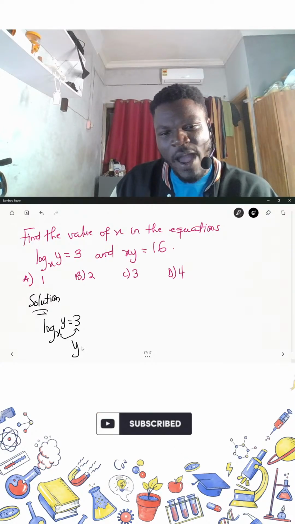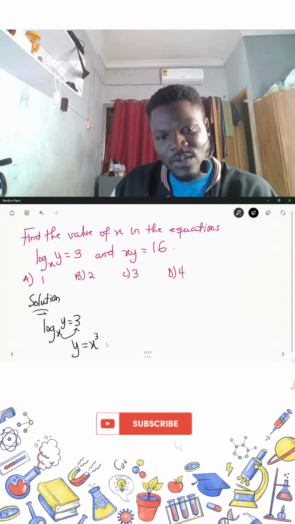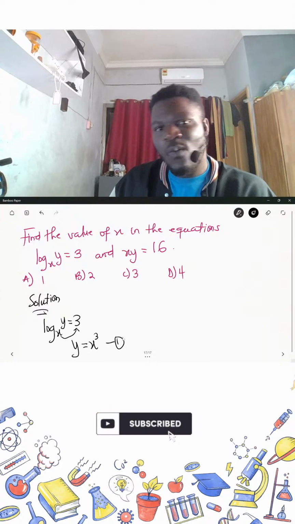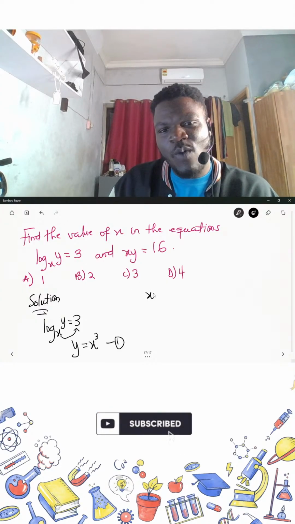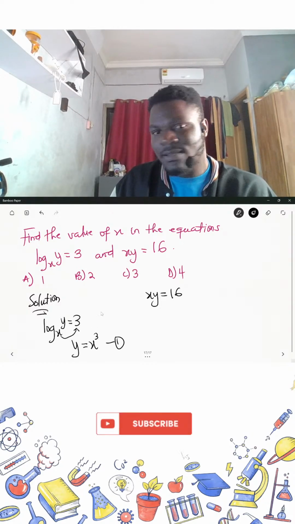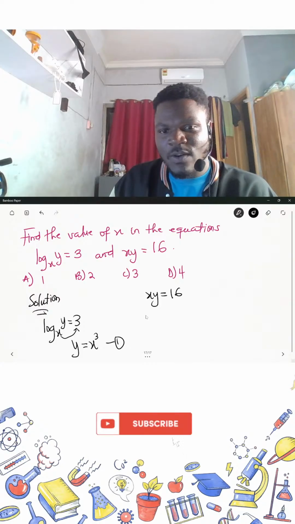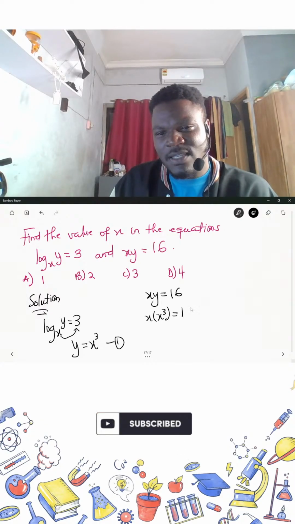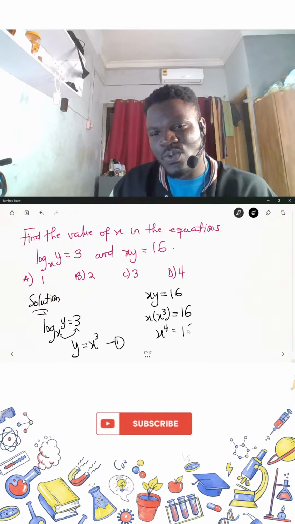So I'll have y is equal to x cubed as an expression over here. So let me make this equation 1. Now if I look at this, I have xy is equal to 16. And I have here y is equal to x cubed. So here in place of y, I will put x cubed here, and this is equal to 16. So x power 4 is equal to 16.